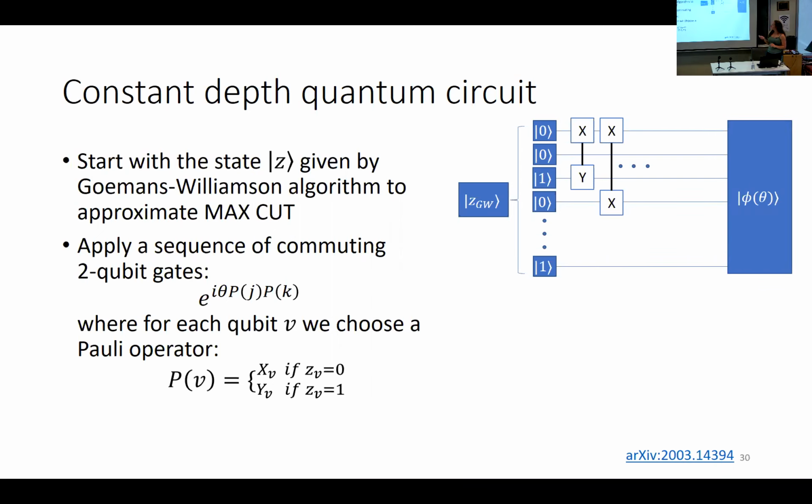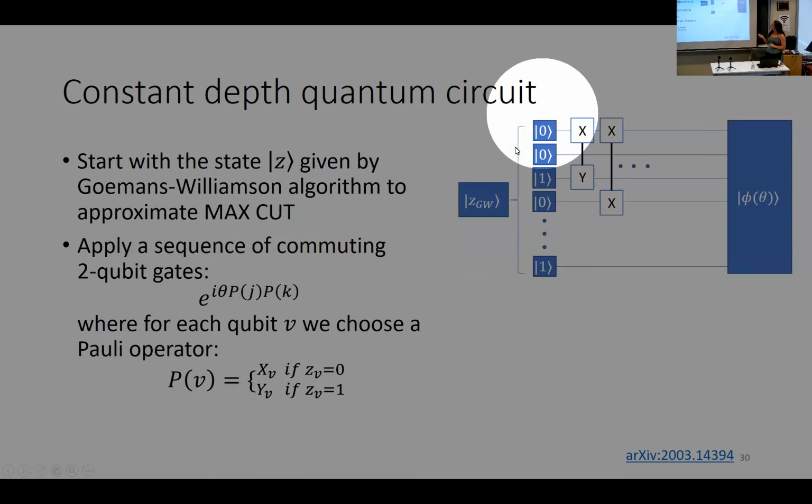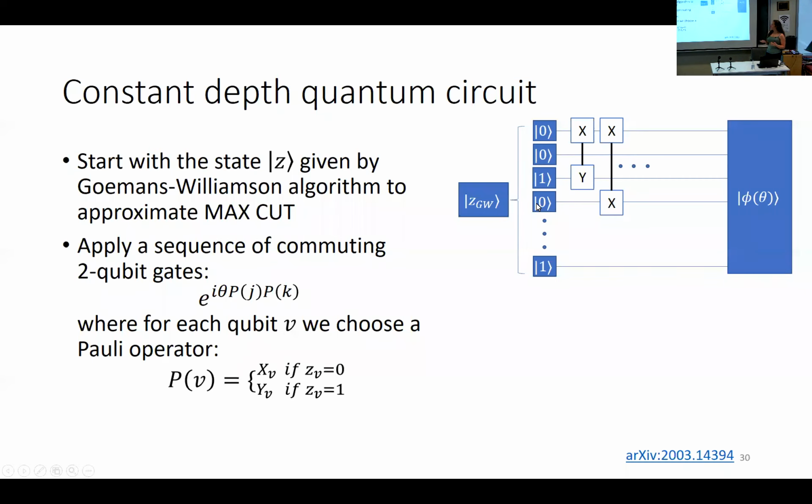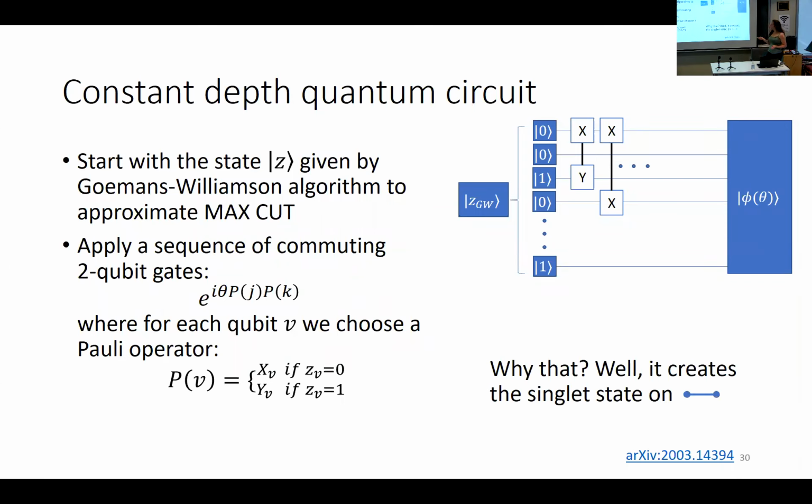So if the qubit in question started in state 0, we're going to apply an X gate. And then for every edge that it has, if the neighbor started in state 1, we'll apply Y. If the neighbor started in state 0, we'll apply X. Okay. And so why the heck would we do that? Well, the answer is if you do that on a single edge, it's going to create a singlet state.